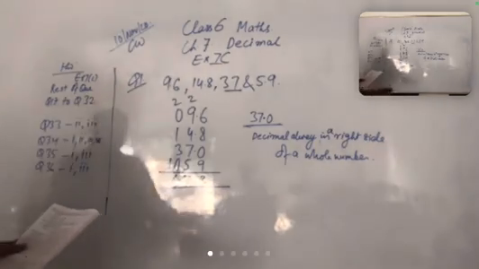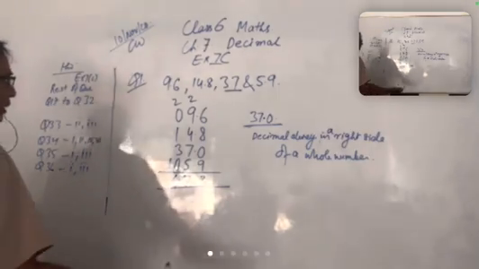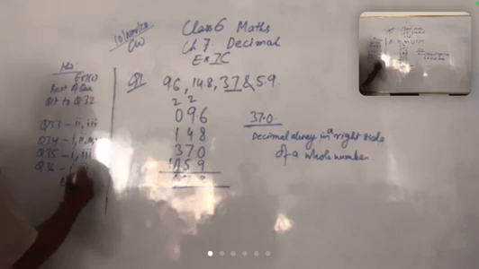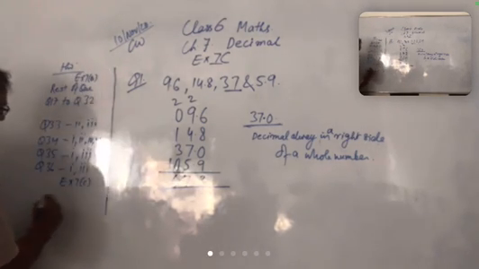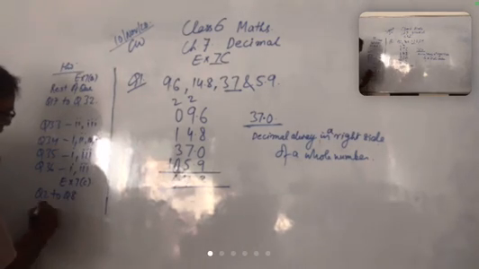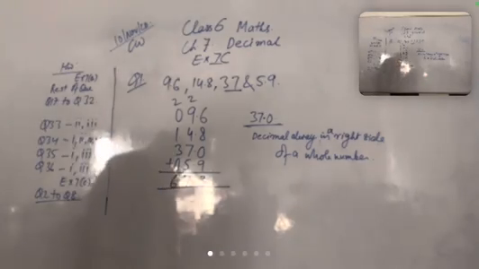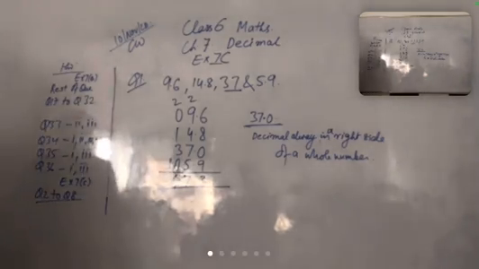Now I don't think I should do any more questions from this, so you can do exercise 7. Sorry, this is B and this is C. Now you have to finish question number 2 to question number 8 on your own. Simple addition is there, so you can do it on your own.